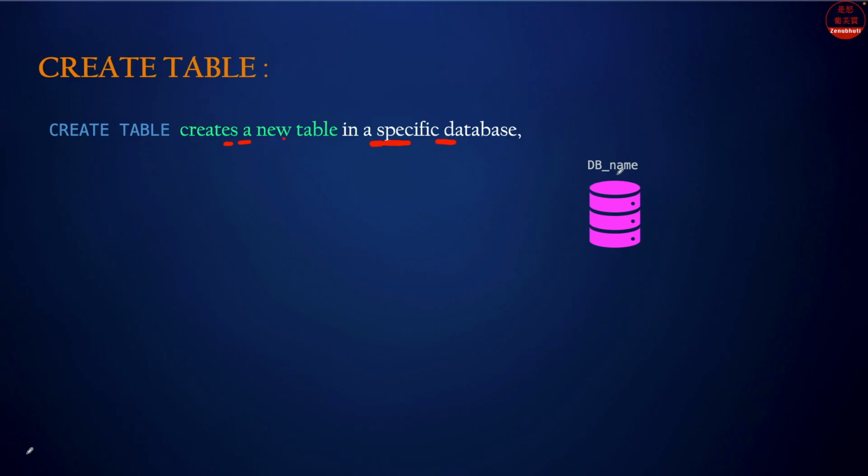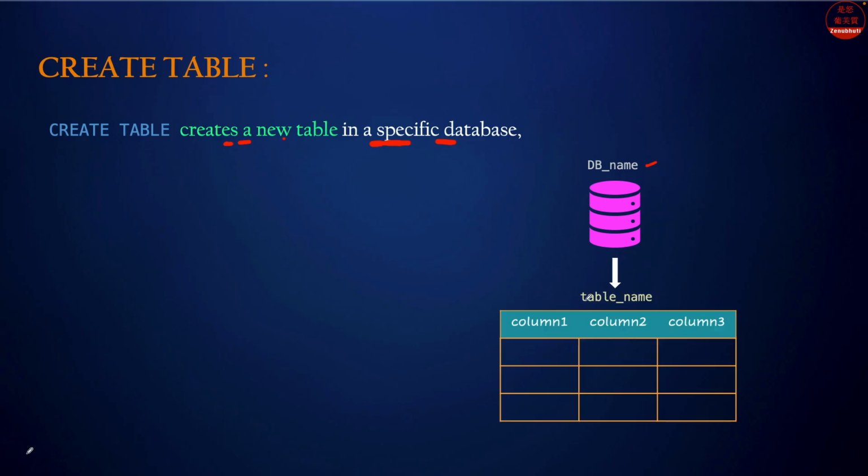We have a database and its name is db_name, and under this we would like to create a table. The table name is table_name, and it has three columns: column 1, column 2, and column 3. In column 1, let's say we are holding some kind of data, and these are IDs, let's say student IDs.